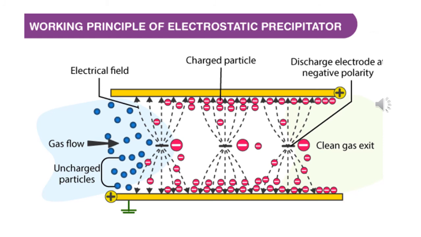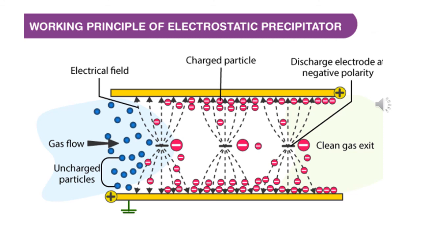The entire system is enclosed in a metallic container consisting of an inlet for flue gases, that is incoming gases, and an outlet for filtered gases or outgoing gases. There are plenty of free electrons in this electrostatic precipitator. Ionized electrodes interact with the dust particles of the gas, making them negatively charged.